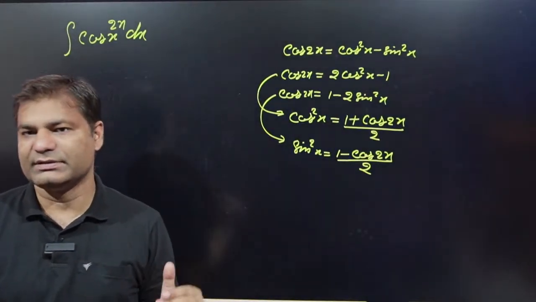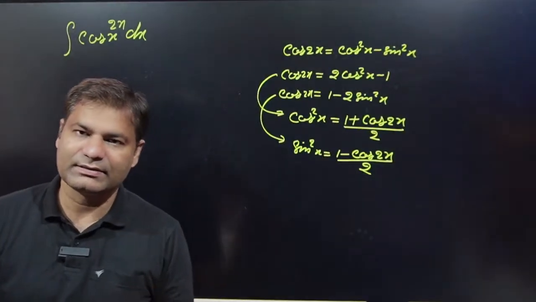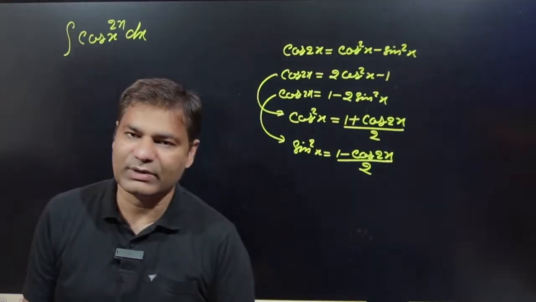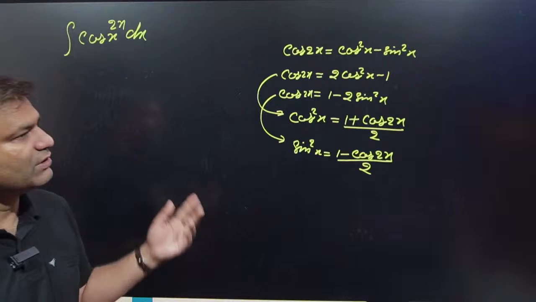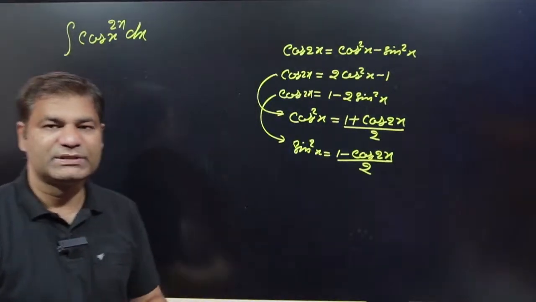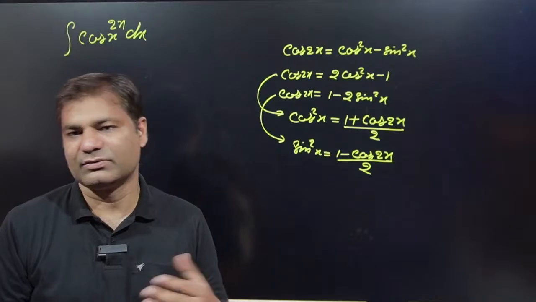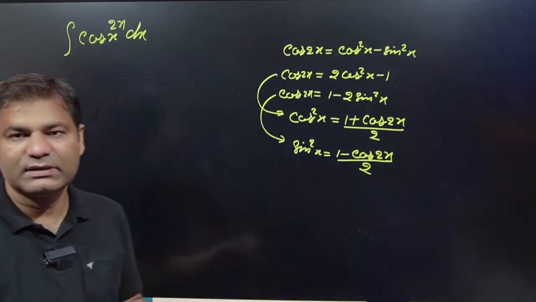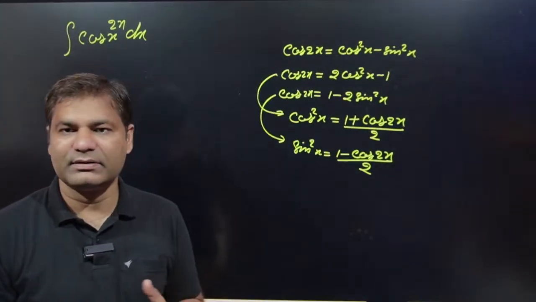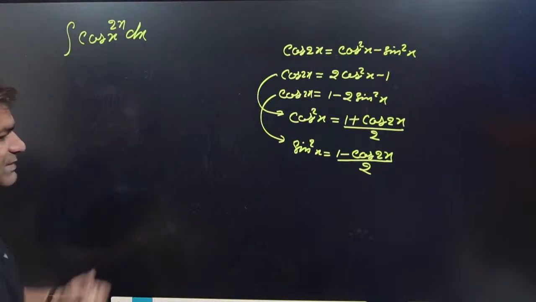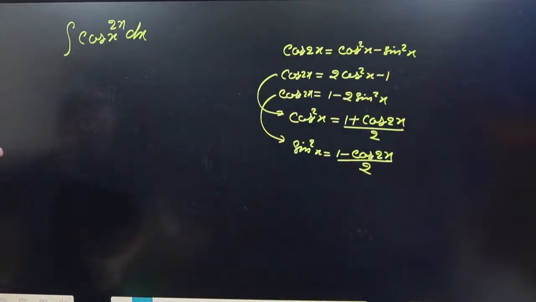This n is always such that 2n is even, and n can be 1, 2, 3, whatever we put. Then we get an even power, meaning cos square x, cos to power 4x, cos to power 8x, cos x to power 100. So this meaning is clear.